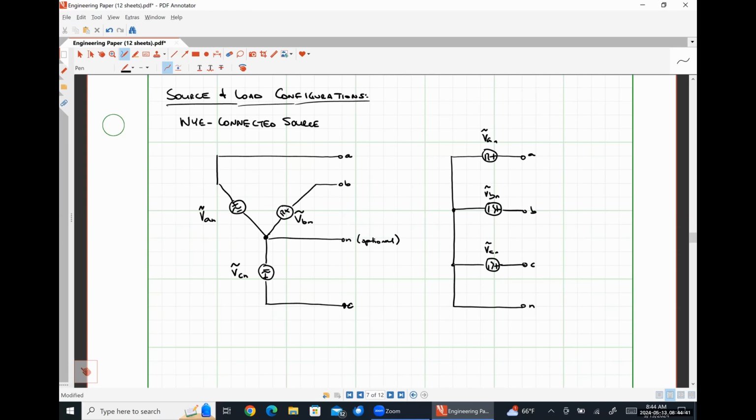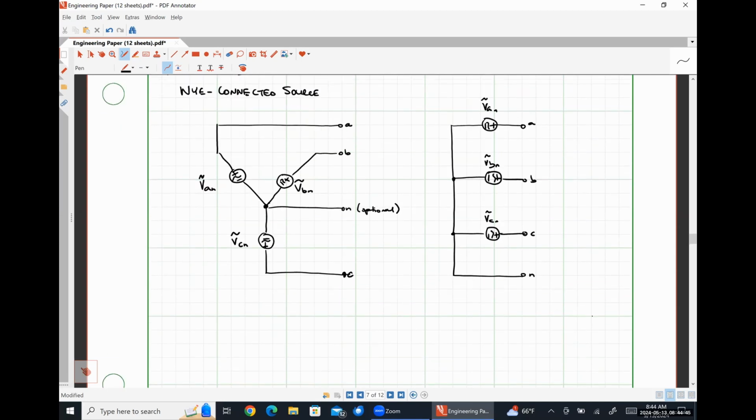And now I want to define some quantities, okay? So the first quantity that I want to define are what are called phase voltages.